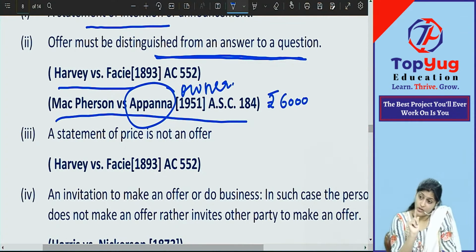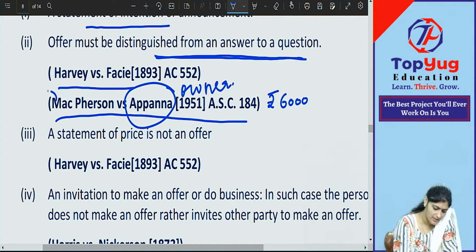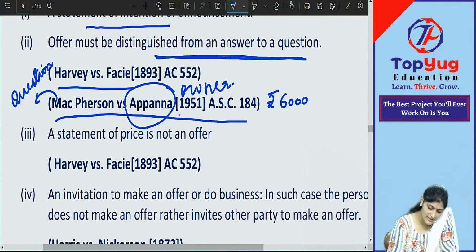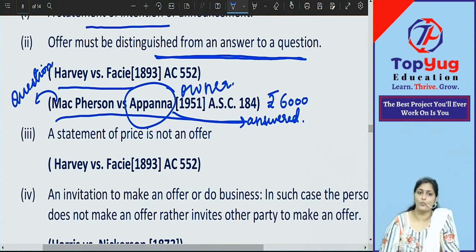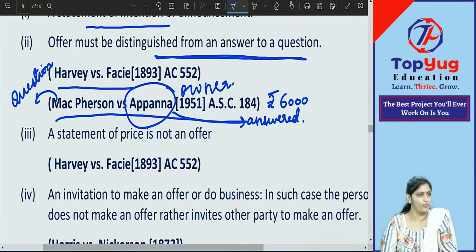So here there was a question asked by this person. He just asked a question. What will be the price at which you will sell? And this person only answered that question. But did he give any acceptance? Did he say, I will sell you? No. He said the property will not be less than rupees 6,000.